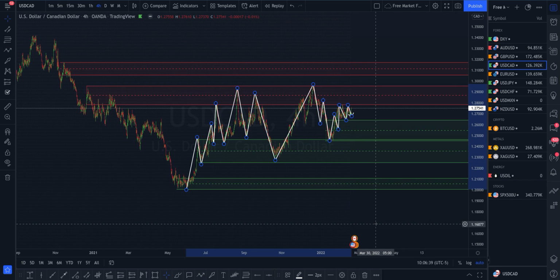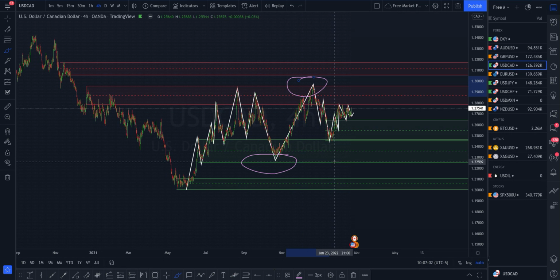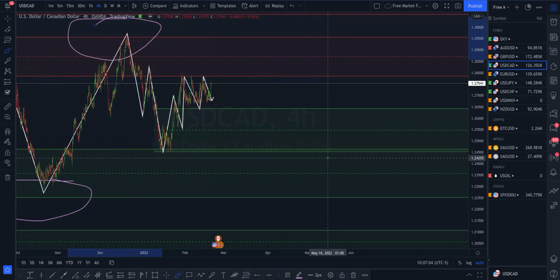All right, so institutional bias is an uptrend. However, based off of the 4-hour market structure, we are ranging in between this low and this high.